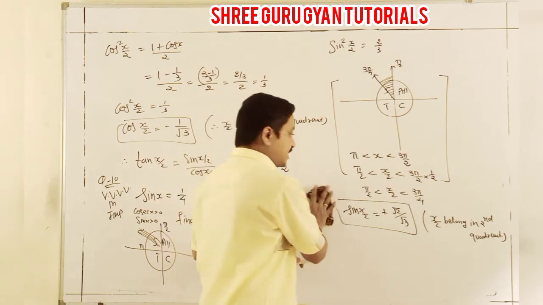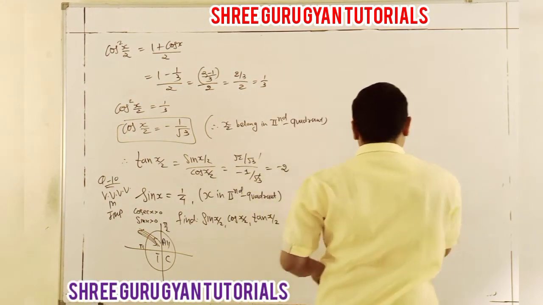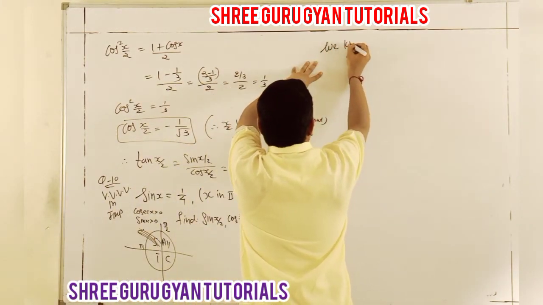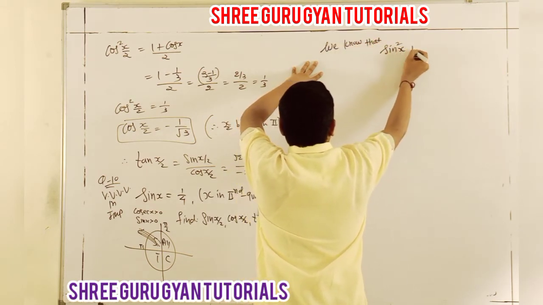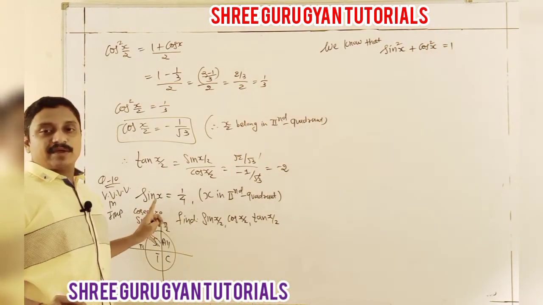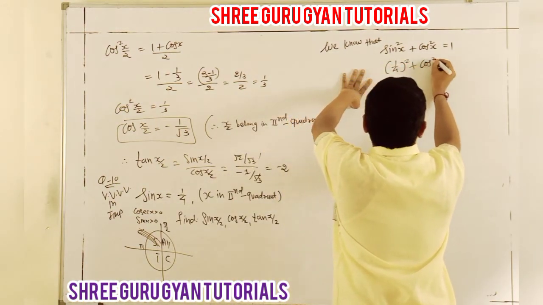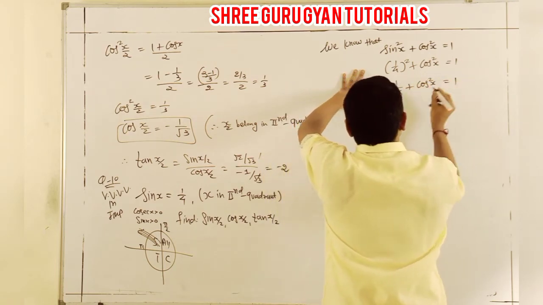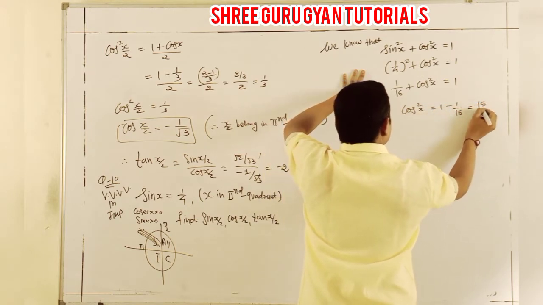Yes students, I start slowly. This is a huge and big numerical solution. So we know that sin square x plus cos square x is equal to 1. This sin x, students, 1 by 4, I apply here, and cos square x is the same, so 1 by 16 plus cos square x, you get only 1 minus 1 by 16, 15 by 16.